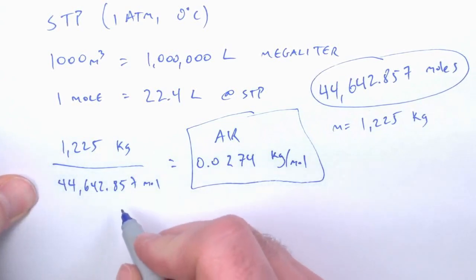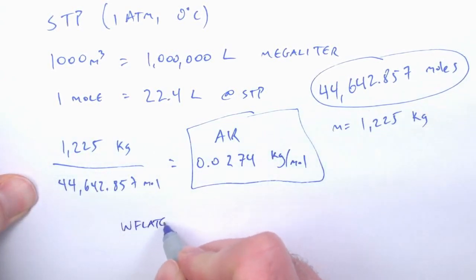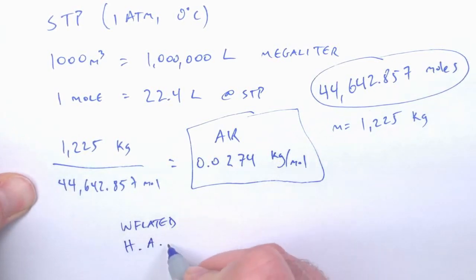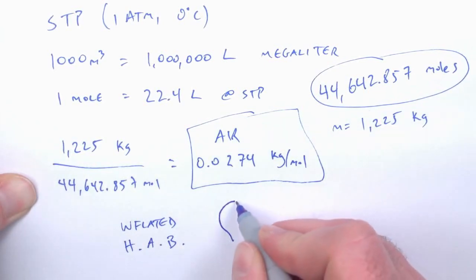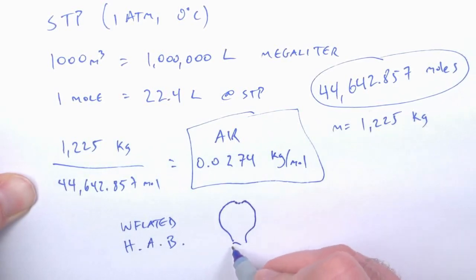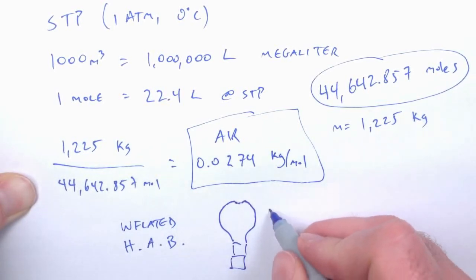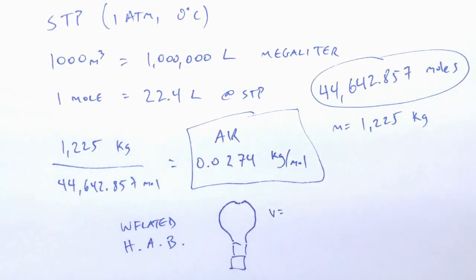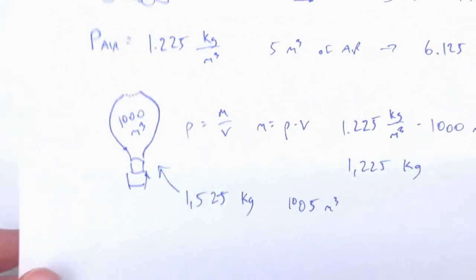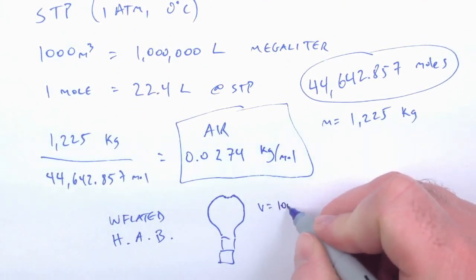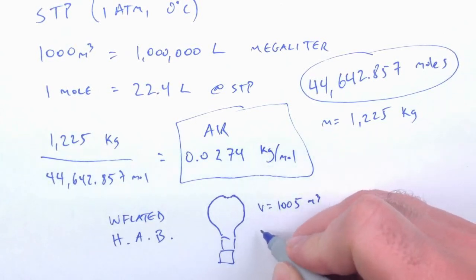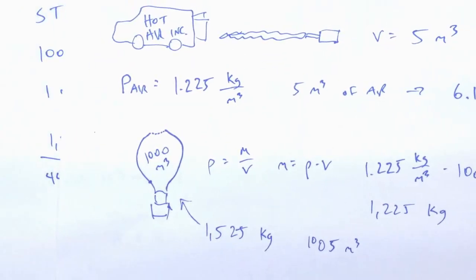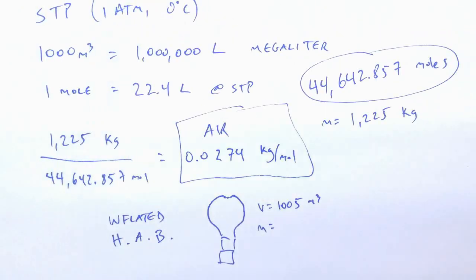We have an inflated hot air balloon, an inflated HAB, and an inflated hot air balloon, if you will remember, has a volume of 1,005 cubic meters, written much more neatly this time, and a mass of 1,525 kilograms.